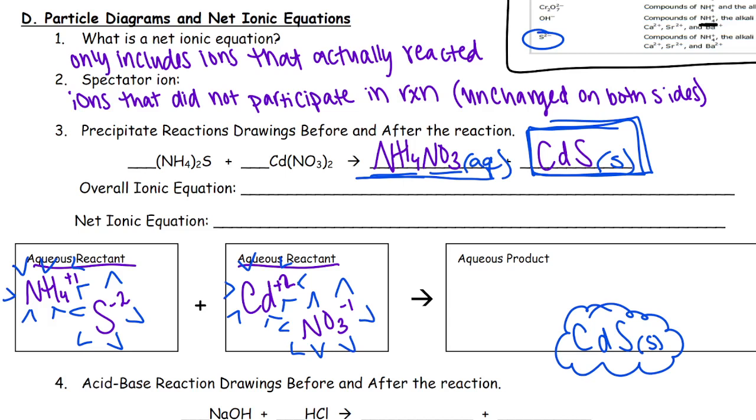So I'm going to have NH4 plus ions and NO3 minus 1 ions floating around in the solution with the water dissolving them just like it did on the reactant side.